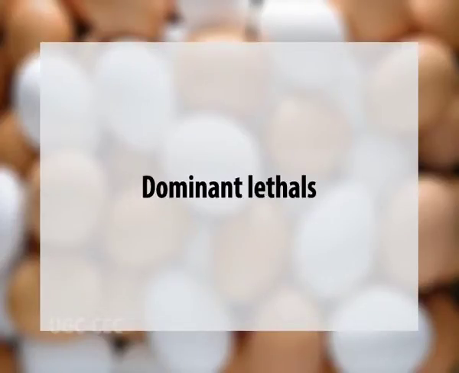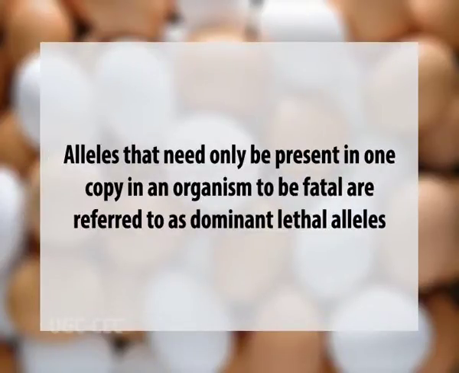Dominant lethals. Alleles that need only be present in one copy in an organism to be fatal are referred to as dominant lethal alleles. These alleles are not commonly found in populations because they usually result in the death of an organism before it can transmit its lethal allele onto its offspring.